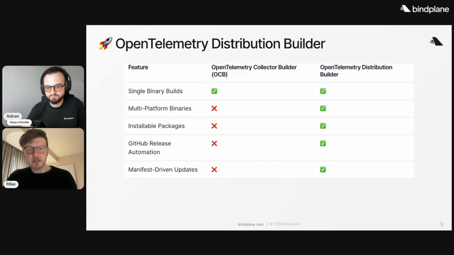It can build the binaries and makes that piece really simple. So what the distro builder is adding on top of that is it can do that for multiple platforms automatically, can build out packages, so it adds an additional release step, has GitHub release automation, and then gives you a process for updating that consistently and making it easy to manage and keep under version control.